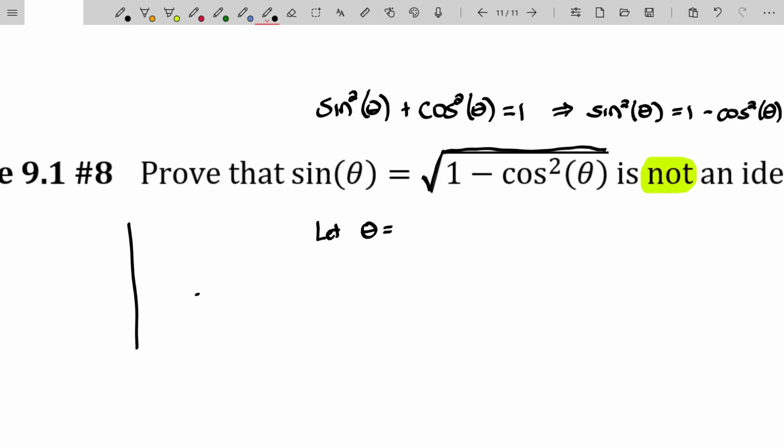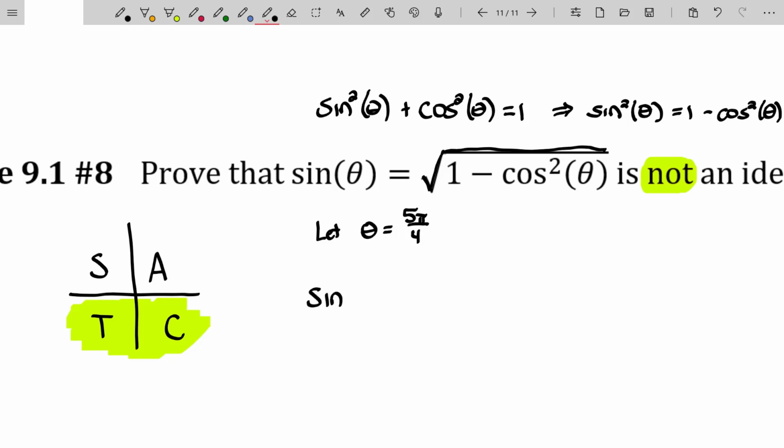If you remember, all students take calculus, so I know sine is negative in quadrants 3 and 4 because only the tangent and the cosine are positive. Tangent's positive in quadrant 3 and cosine's positive in quadrant 4. So I'm going to go ahead and select an angle in quadrant, let's say 3. So I'll do 5 pi over 4, because that's just a fine angle to choose. So we're going to go ahead and say let theta equal 5 pi over 4.